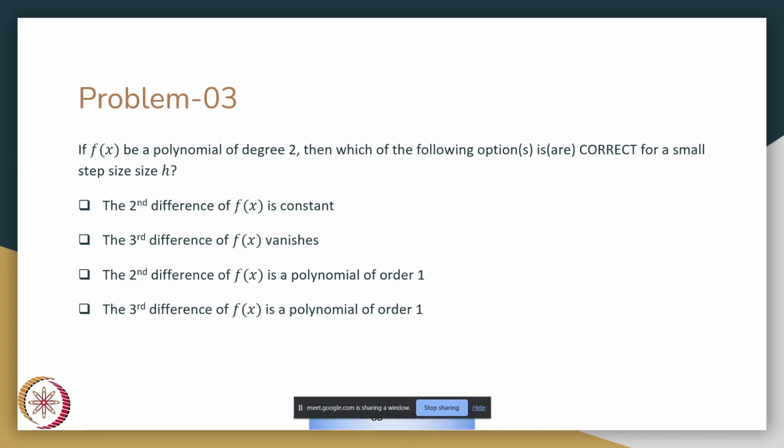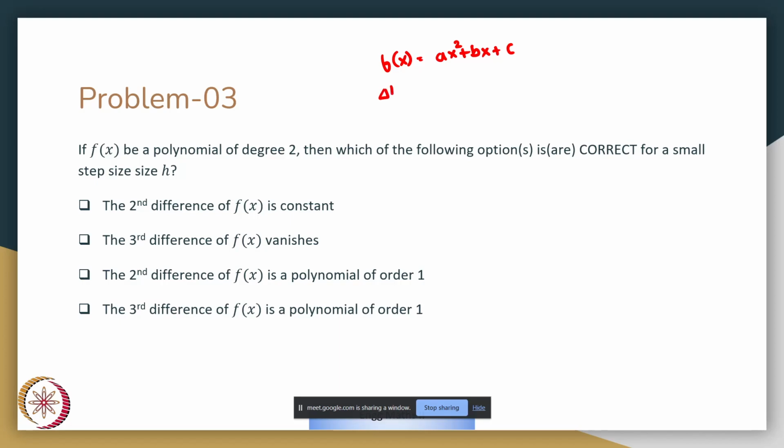If you look through the options, we are asked to comment on a few different things, such as the second difference, the third difference of f of x, and whether it is a constant, whether it vanishes, or if it is a polynomial of order 1. So it is given that f of x is a polynomial of degree 2, which means that in general f of x is equal to ax square plus bx plus c.